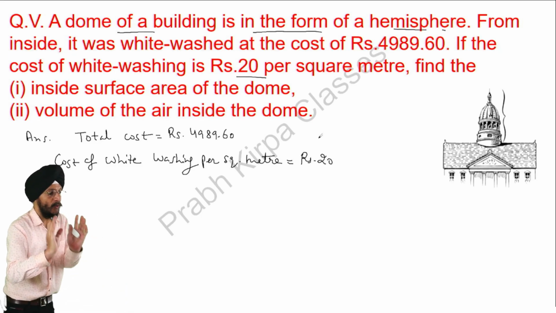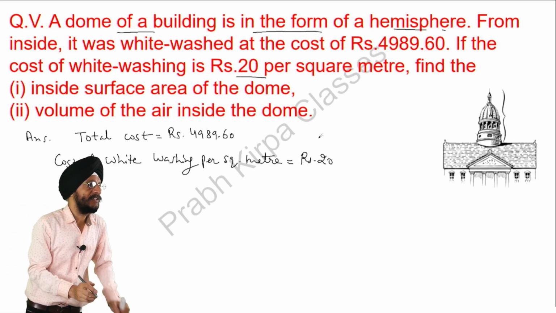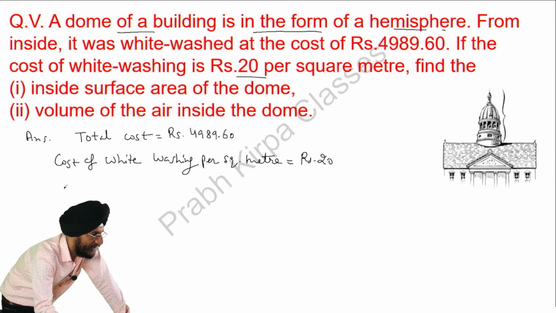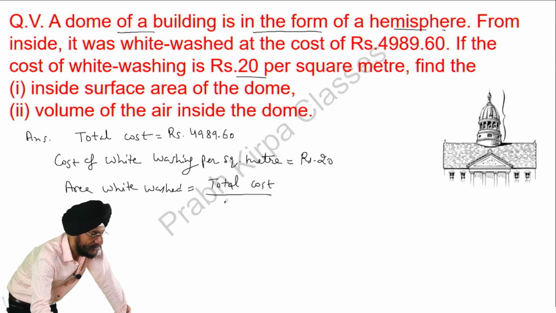Now, when the total cost of whitewashing and the rate of whitewashing is given, we can arrive at the area which has been whitewashed, area whitewashed. It can be arrived at by dividing the total cost with the cost per square meter.